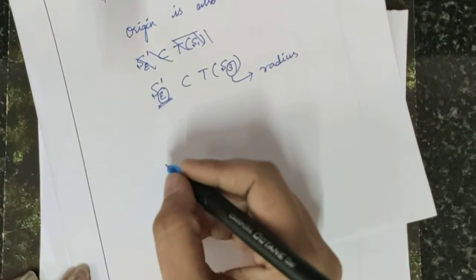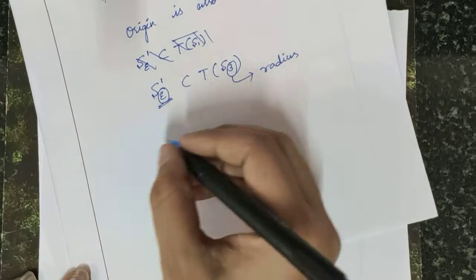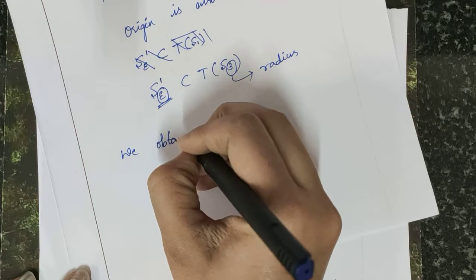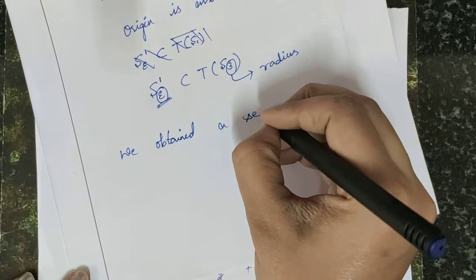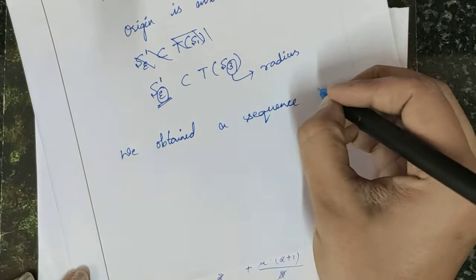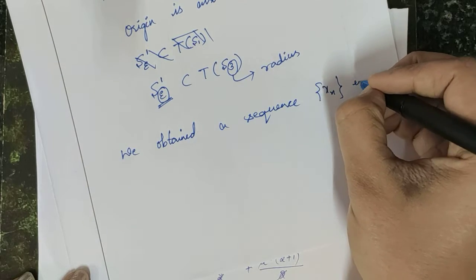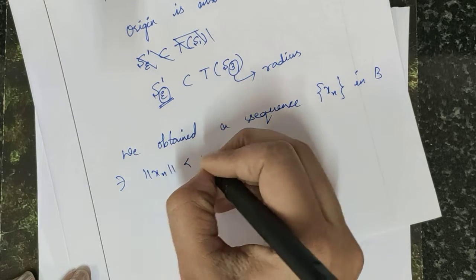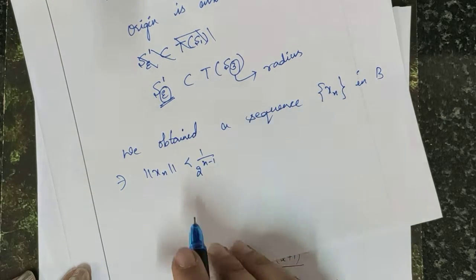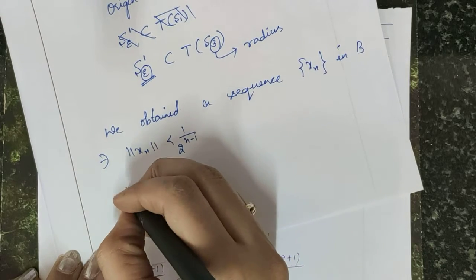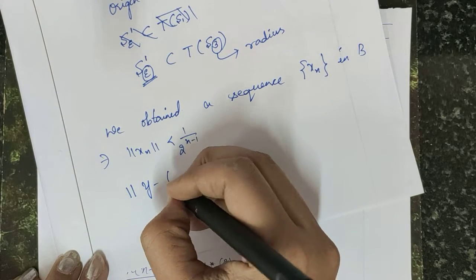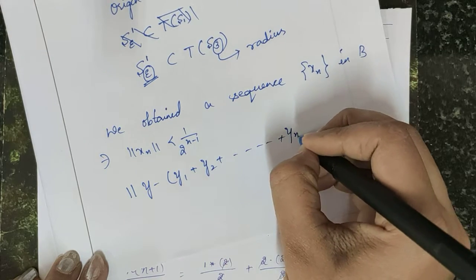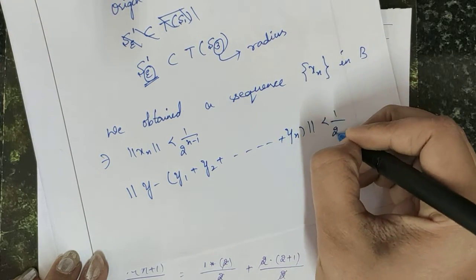So in the previous session we obtained a sequence, say xn in B, such that norm xn is less than 1 over 2 power n minus 1, and we have defined this in the form of norm of y minus y1 plus y2 plus so on up to yn, which is less than 1 over 2 power n.